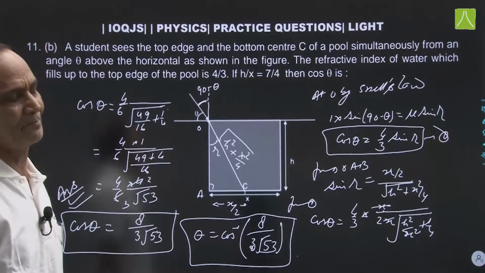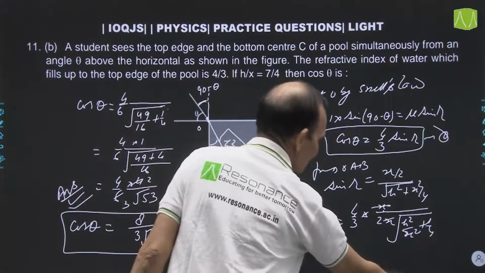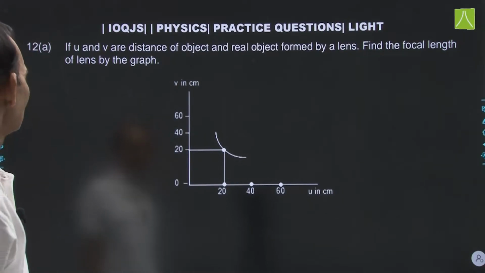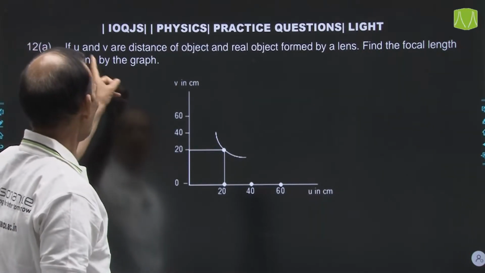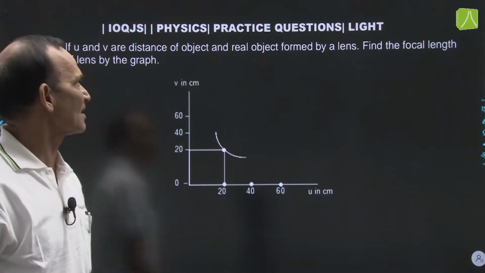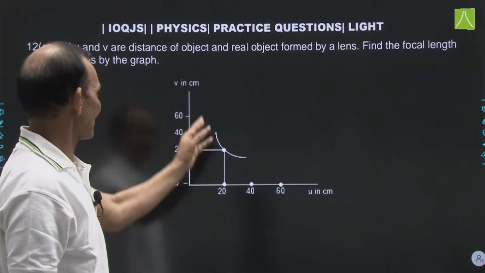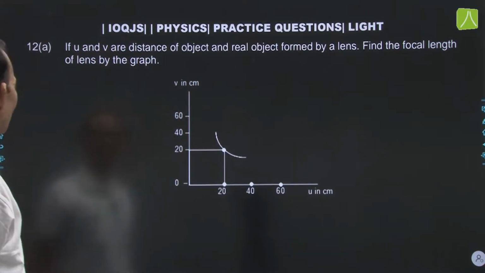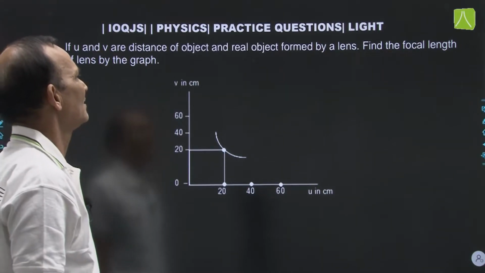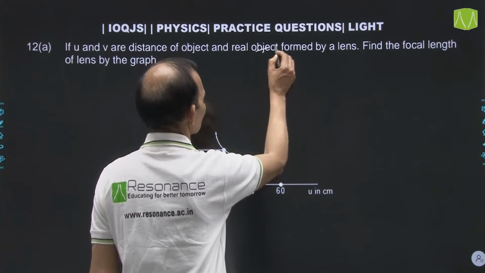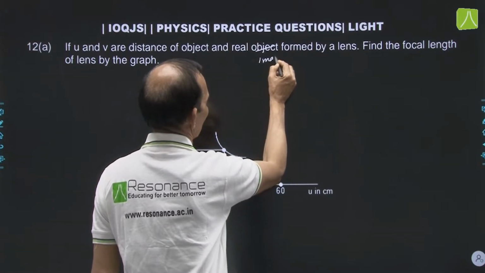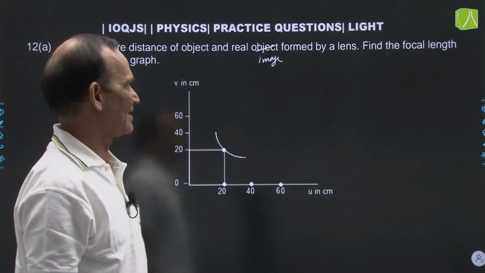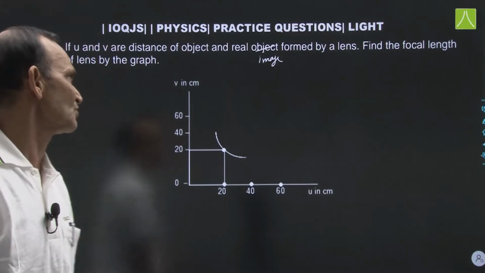Okay, this was the B part of question number 11. Now next, it is the A part of question number 12. If u and v are the distance of the object and the real image formed by a lens, find the focal length.